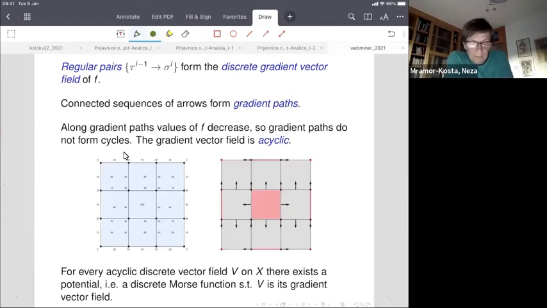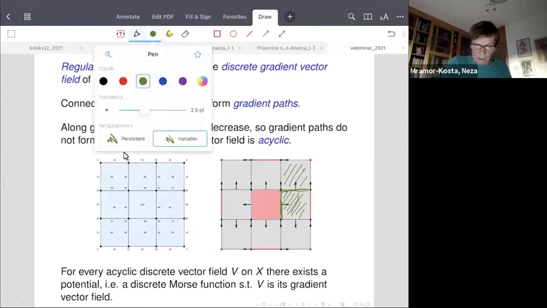And if we look at a connected sequence of these arrows, these regular pairs, we obtain something called a gradient path. If we look at our torus example over here, here's a gradient path which starts on this edge and goes on to this 2 cell, and then maybe to this other 1 cell, and then on to the 2 cell, and here it ends.